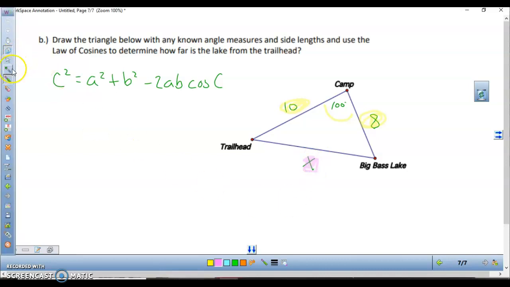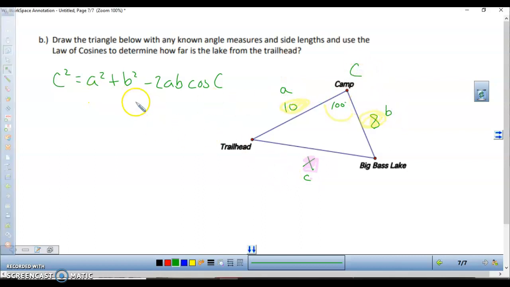So in regards to filling in for what variable is what, I'm going to call this c, call this a, b, and big C. So here's what I know. I know that x squared is equal to 10 squared plus 8 squared minus 2 times 10 times 8 times the cosine of 100 degrees.